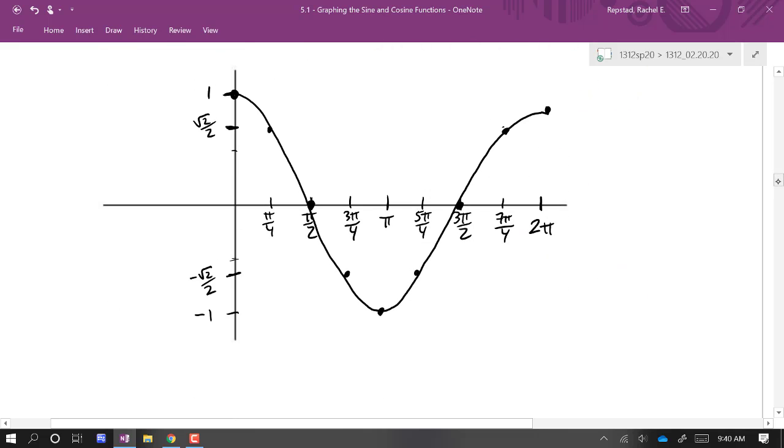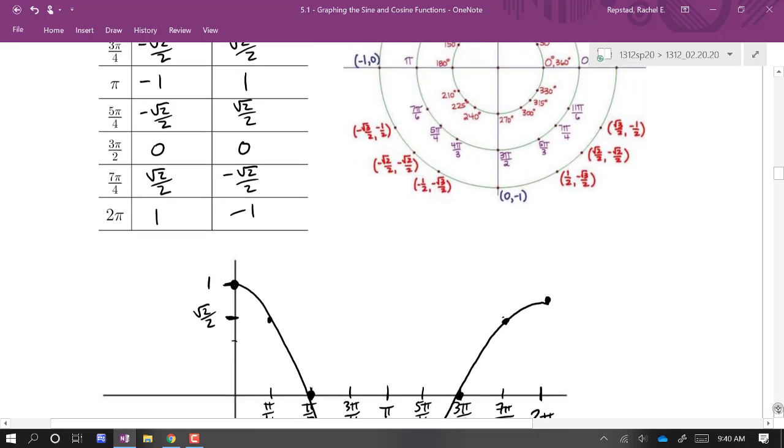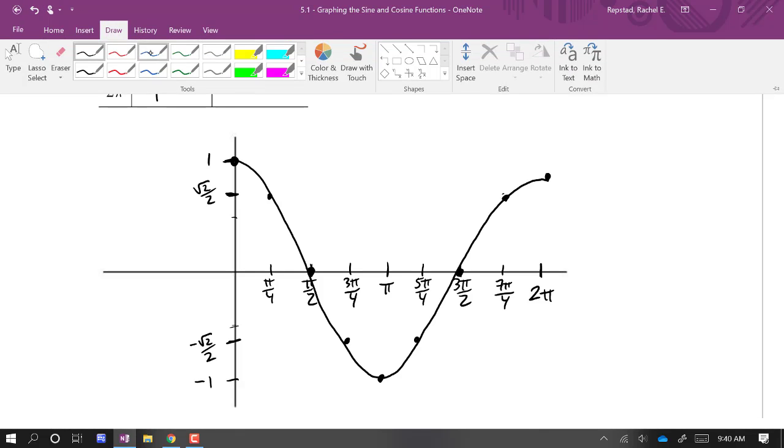Now we'll do the same thing for negative cosine x. We'll fill out this last column by just changing all the signs. And if we plot these out, oops, it's a different color.